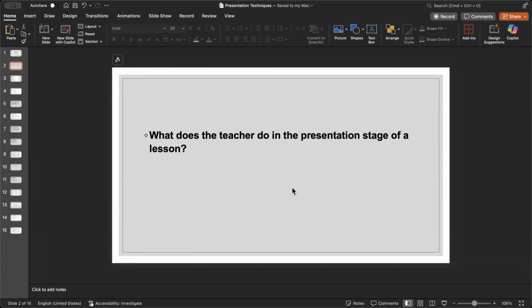Just expose the students to the topic we're going to see and vocabulary. Vocabulary. It could be vocabulary. It's certainly related to language.